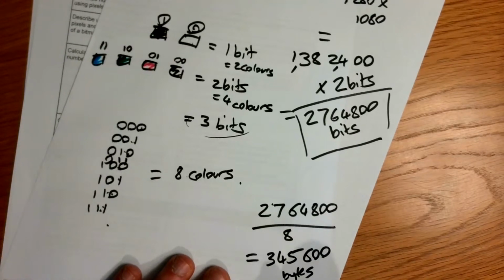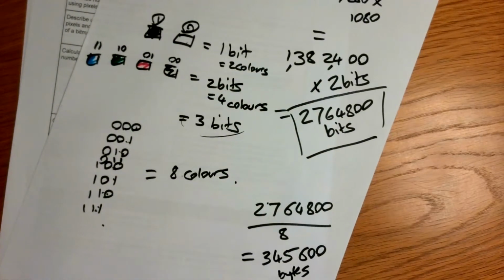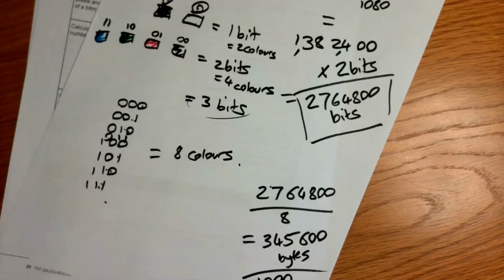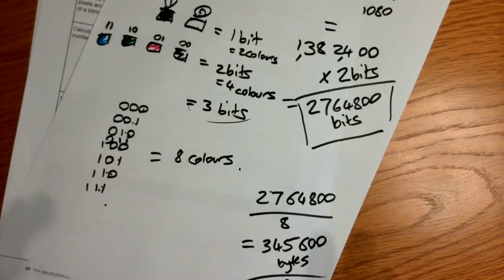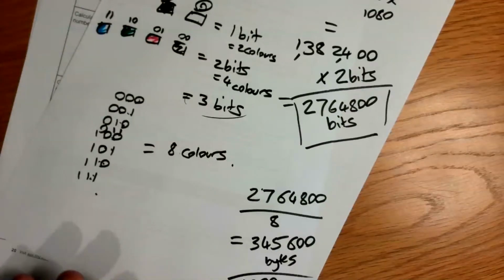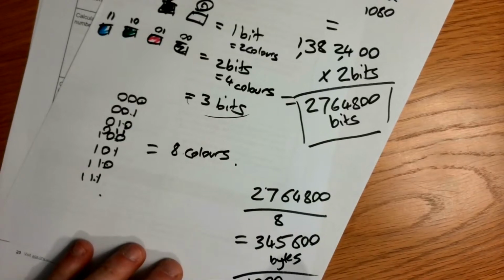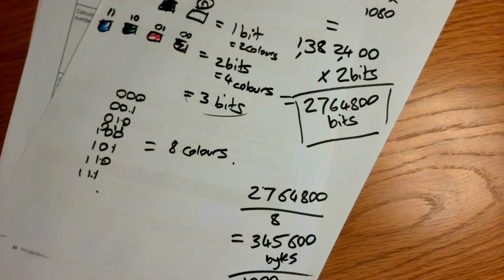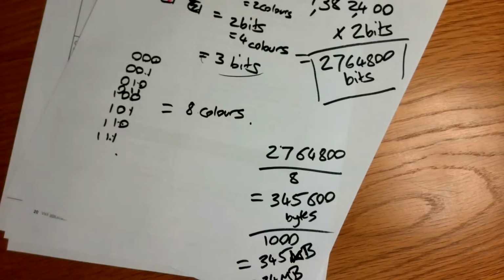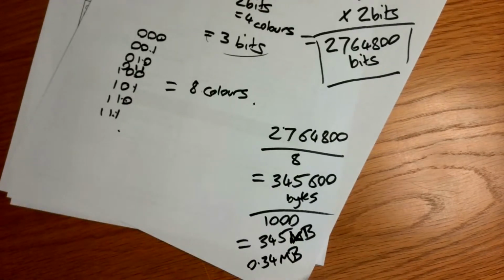Again, rubbish number, so divide by 1,000 to give you 345 kilobytes. You could leave it there. It depends. 345 kilobytes is fine, or you can divide it by 1,000 again, and you could say 0.34 megabytes is another way. So it's up to you. It depends how they ask for the question to be answered.